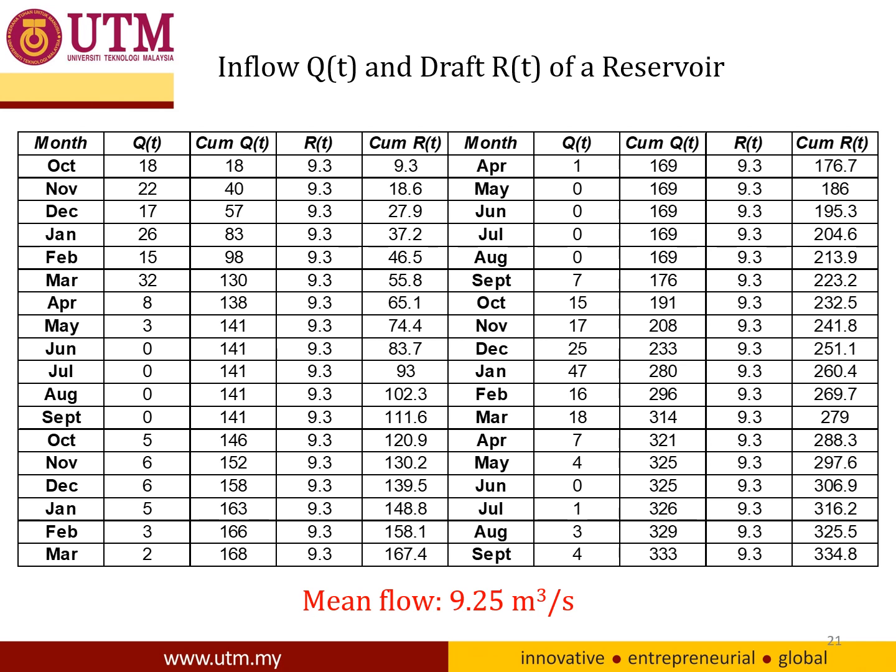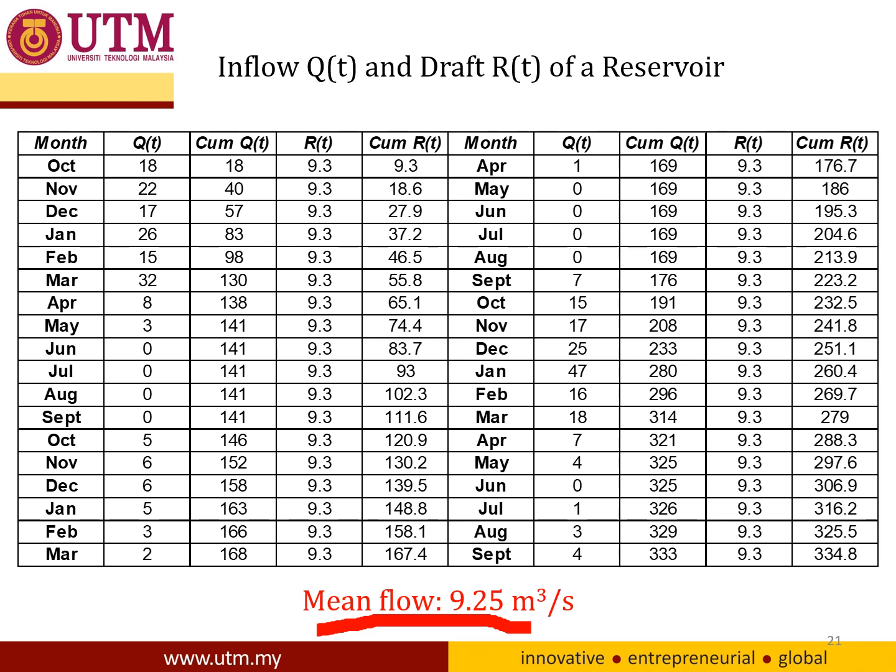Okay, because the example wants you to get the mean flow as the draft, the mean flow as the demand, you calculate the mean. Just add everything and divide by the number of months, the number of observations.